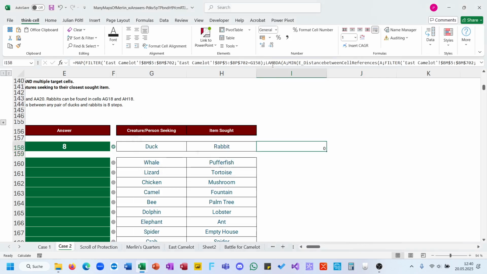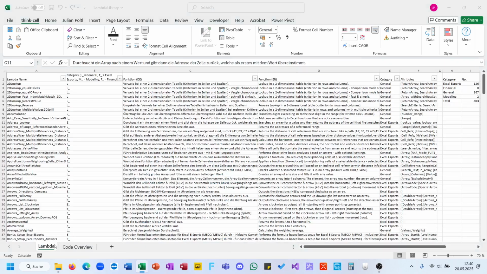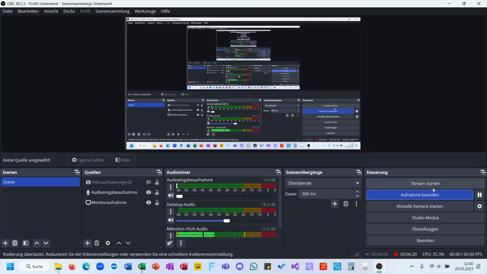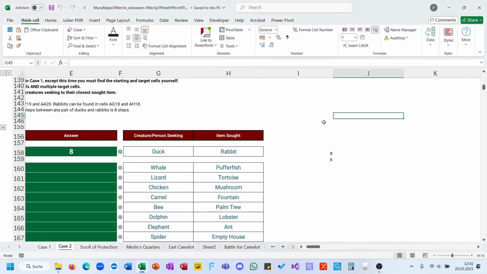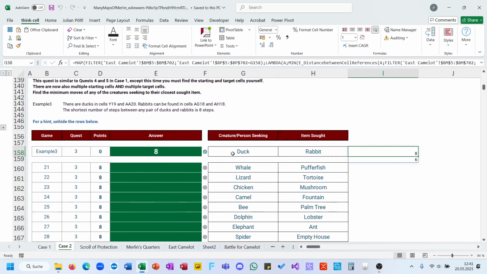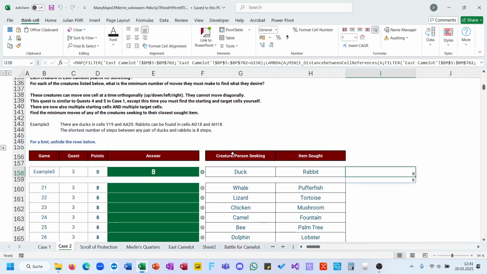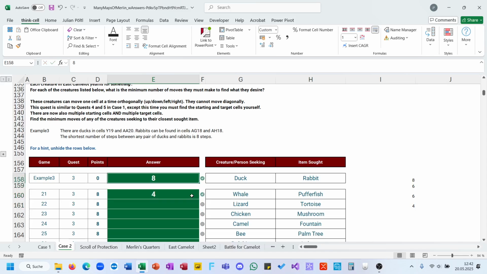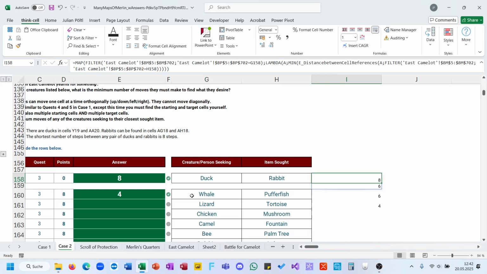No. This hasn't evaluated correctly. Okay, I've closed and reopened it. Interesting. I'm on the other side of things. I think the answer here should be 6 and not 8.